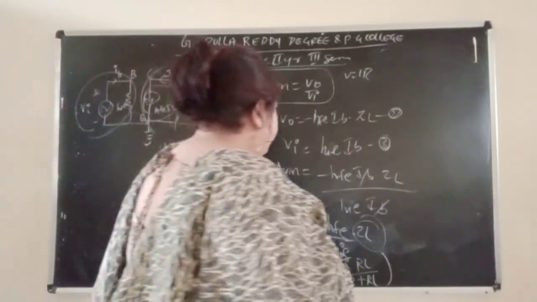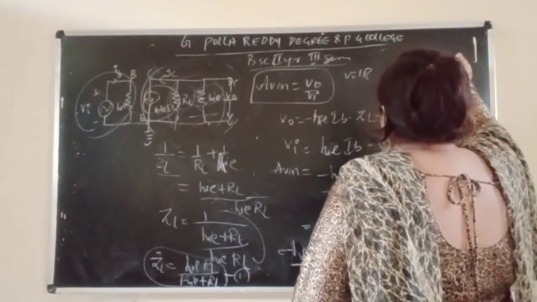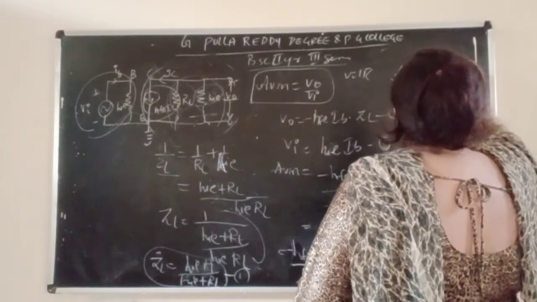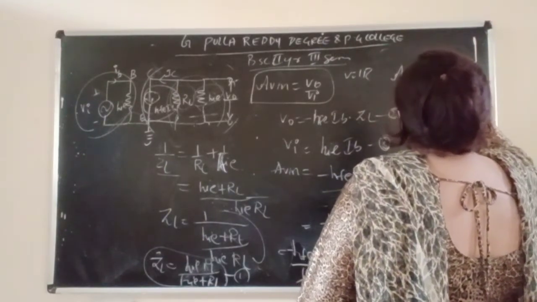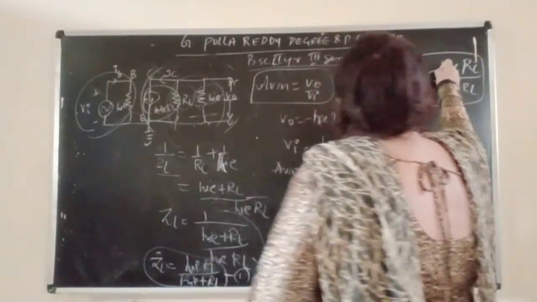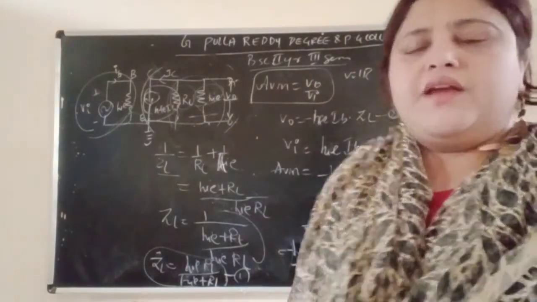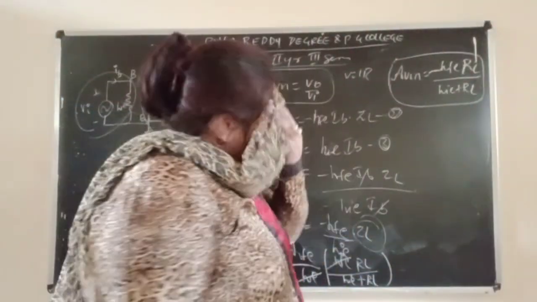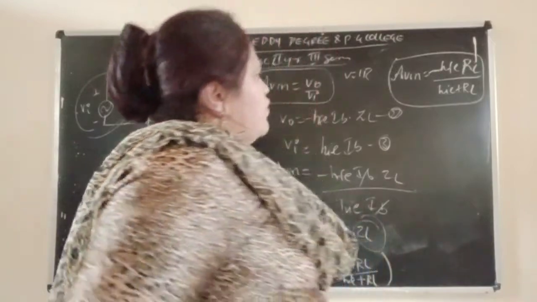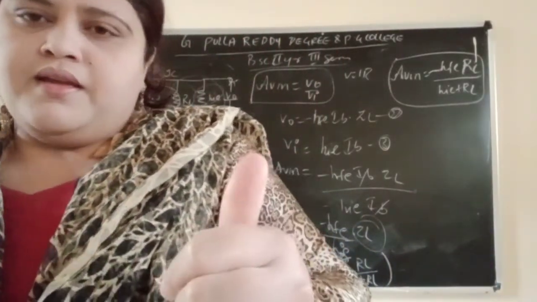You will get finally AVM equal to minus HFE RL by HIE plus RL. This is your gain formula for the mid frequency range.